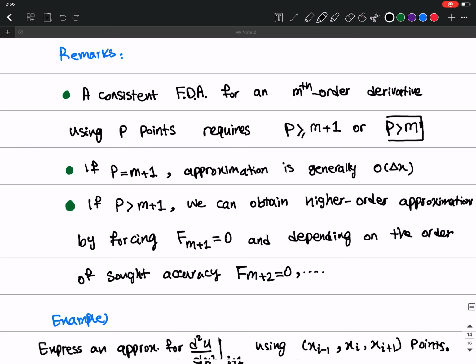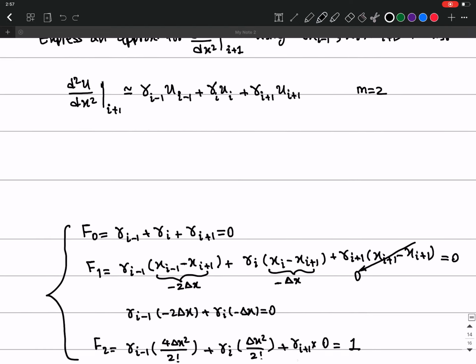Sometimes if p equals m plus 1, in center differences, this can be order delta x squared. But generally, as I said, if your number of points is just m plus 1, which was the case here, the number of points was 3, and the order was 2, then the order of the approximation is generally order delta x, right?